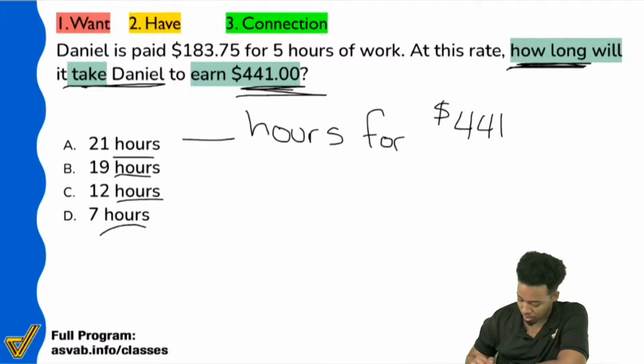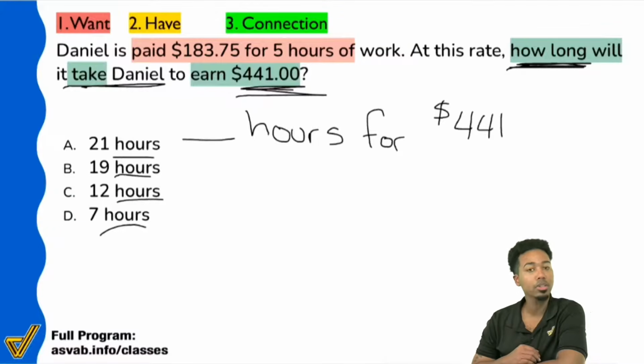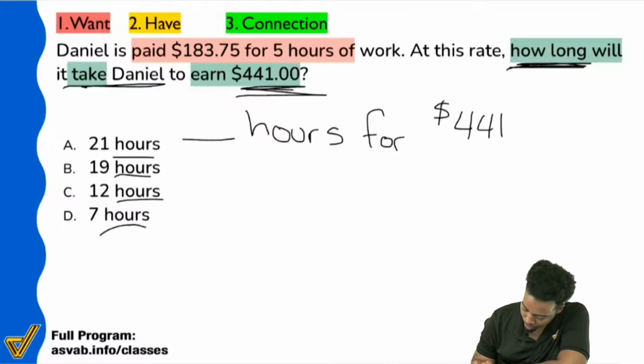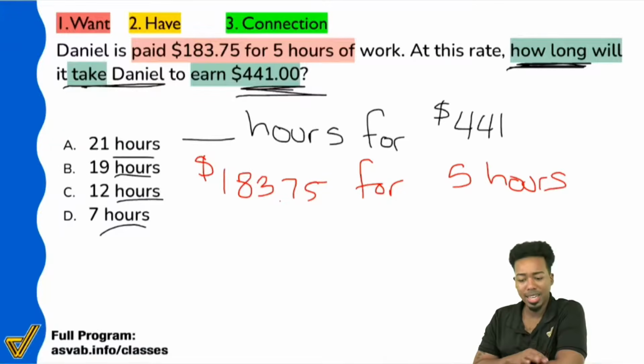Here's what we're going to look at next. This information says Daniel's paid $183.75 for 5 hours of work. I'm going to write that down right over here: $183.75 for 5 hours. But everybody, is that a proper setup?